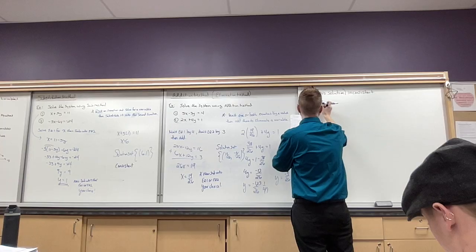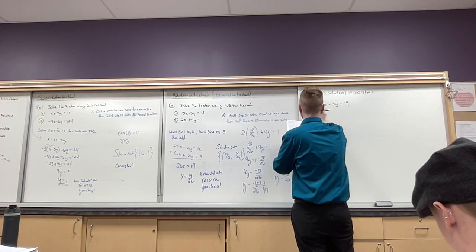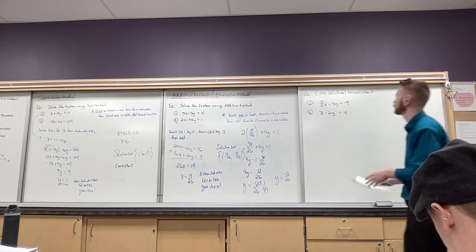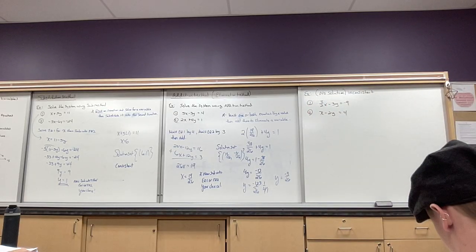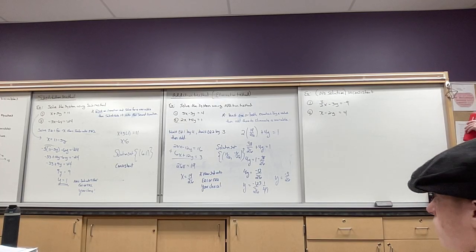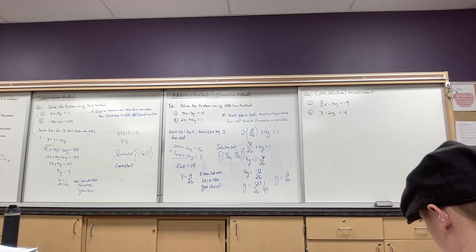So let's say 3 over 2x minus 3y equals negative 9, and x minus 2y equals 4. Now if you look back in your notes, you're like, which one was a no solution problem I can reference from? Now you know. We have our choice, we could do substitution or elimination.